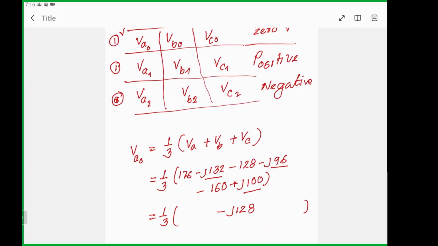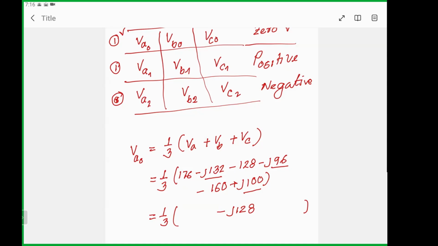So it should be minus 132, we will use the minus sign, minus 96 and plus 100, right? That is what we have. So that is minus j128. All right.